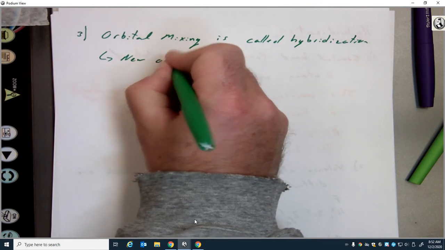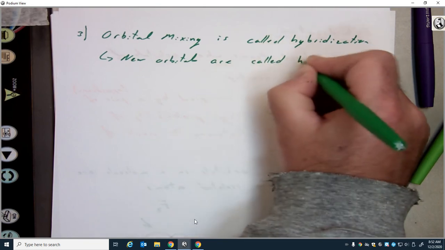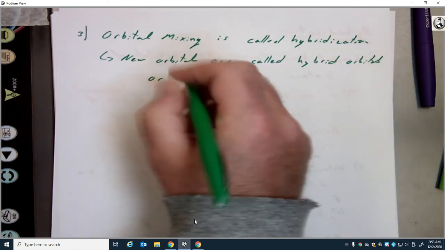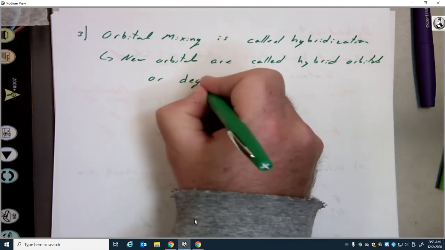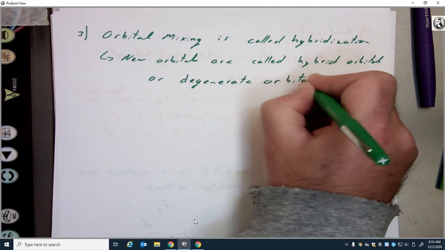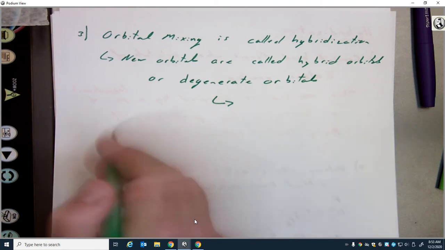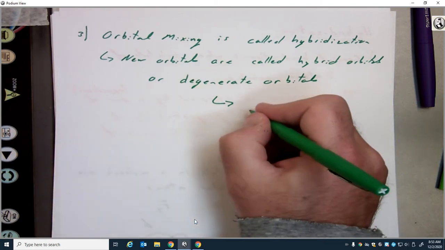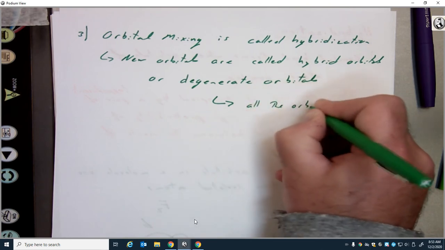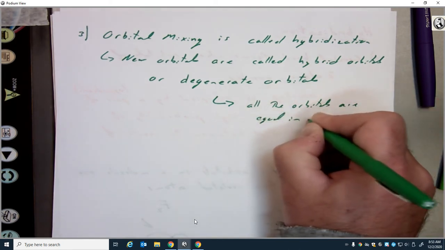These new orbitals are called hybrid orbitals or degenerate orbitals. These hybrid orbitals are all equal in energy.